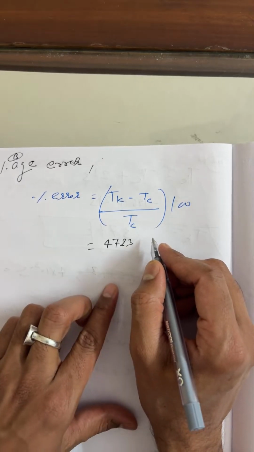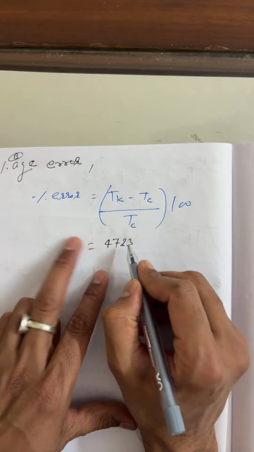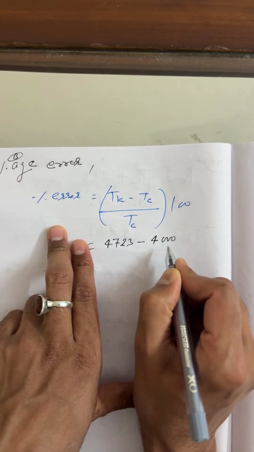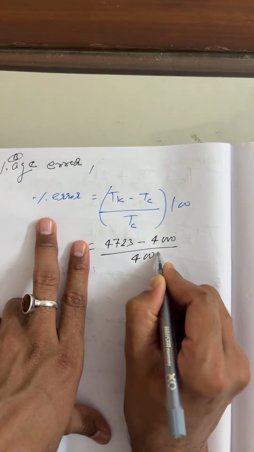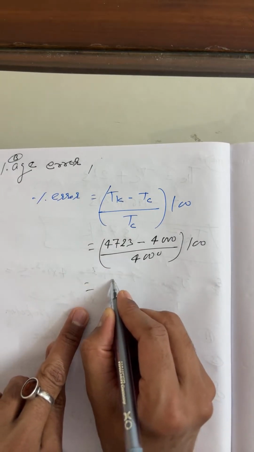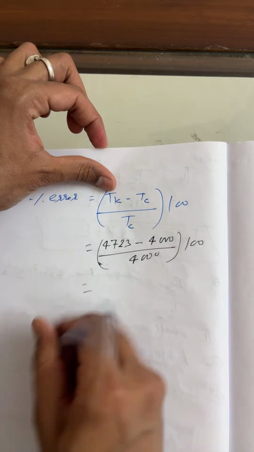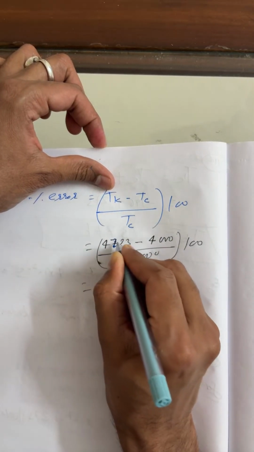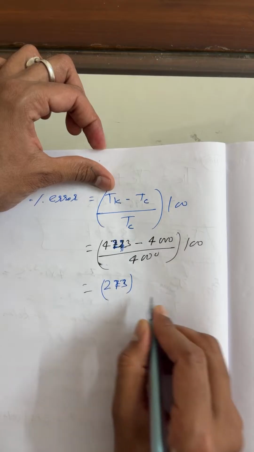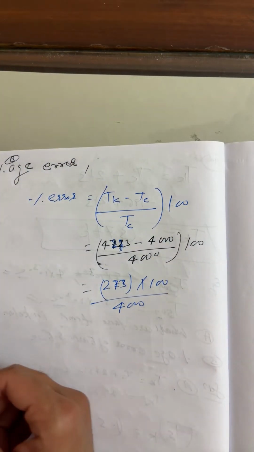So directly here, this is 4273 minus the temperature in Celsius, which is 4000, upon 4000, into 100. This is 273 into 100 upon 4000.